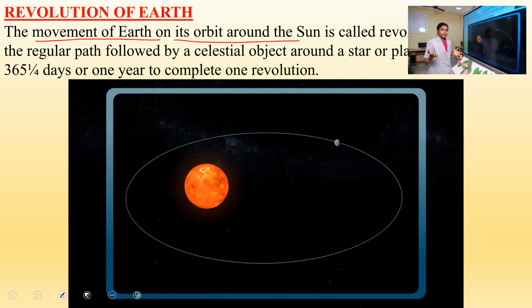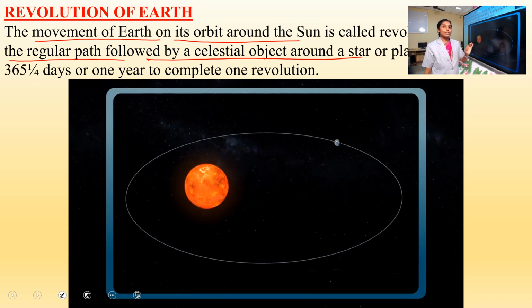So what is orbit? It is the regular path followed by a celestial object around a star or planet. So what is a celestial object or celestial body?